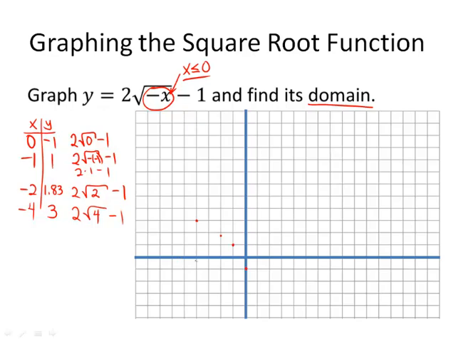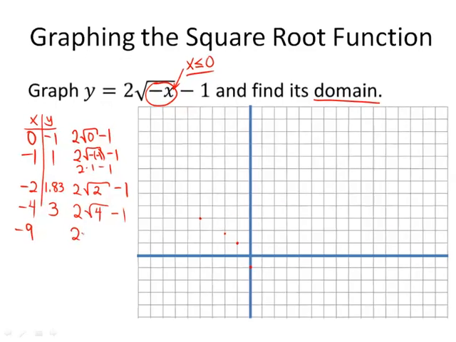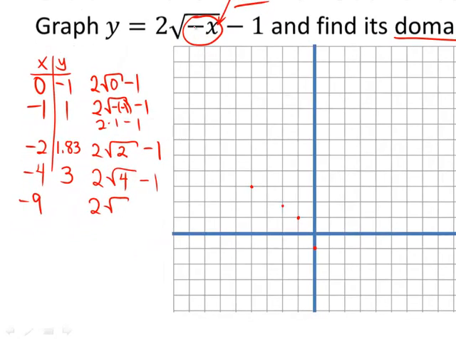Let's try this number. 4, 6, 7, 8, 9. Sure, let's do 9. Negative 9, 2 times root of negative 9 times a negative, which is positive 9. So that's 2 times 3, which is 6 minus 1 is 5. So negative 9 would be a 5.